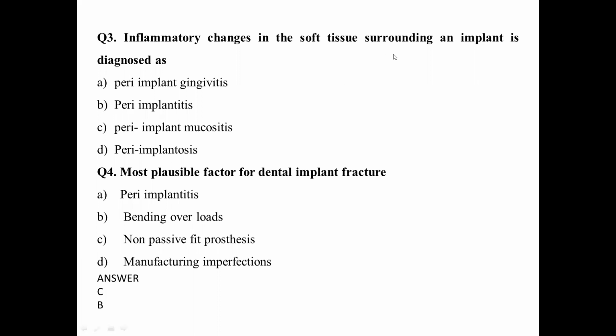Inflammatory changes in the tissue surrounding an implant is diagnosed as... you see, the question is asking you only one thing. This is a BCQ, best choice question, or you can call it a best of 5. The question says inflammatory changes in the soft tissue surrounding an implant.